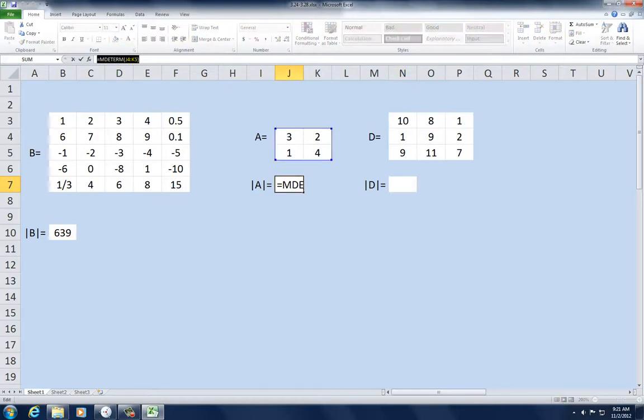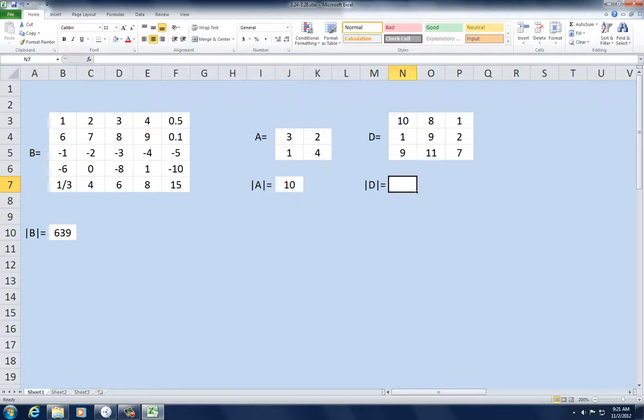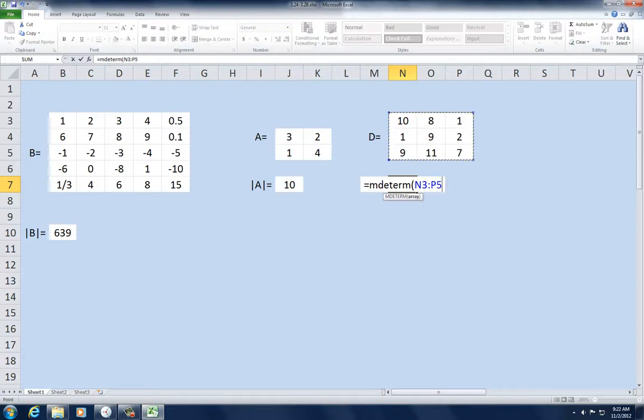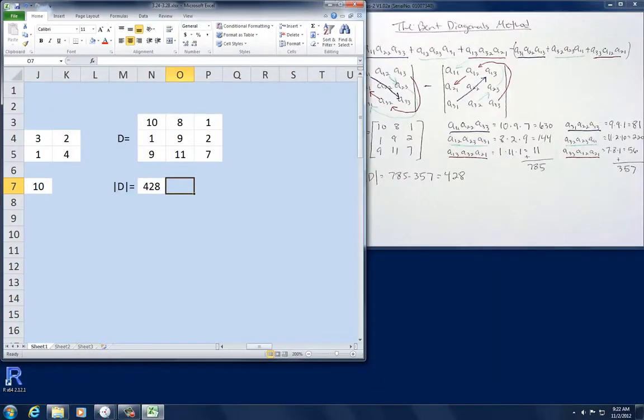It's MDETERM, so it equals MDETERM, parenthesis, highlight your matrix, Control Shift Return, and we get 428, which is what we got before when we did it by hand, which you can see over here. And that's how you get a determinant using the bent diagonals method.